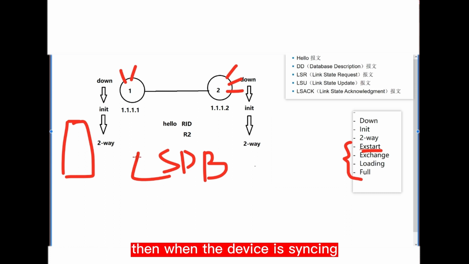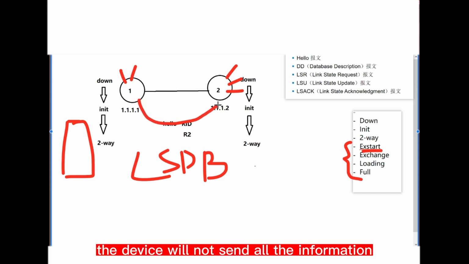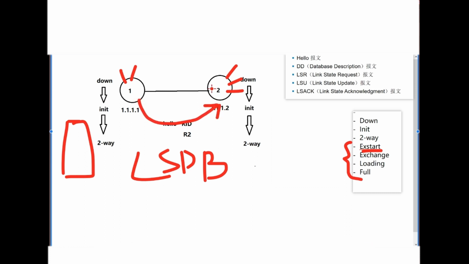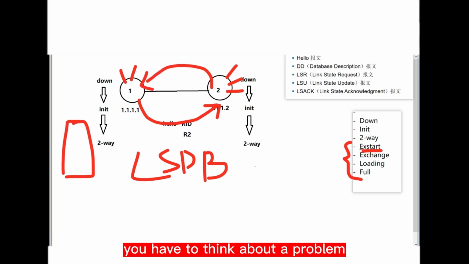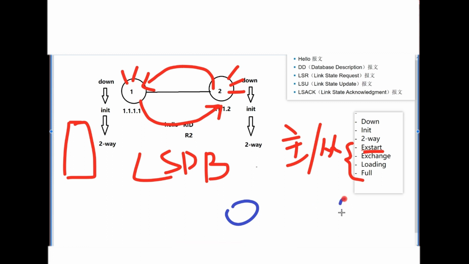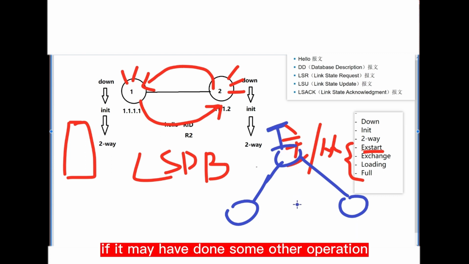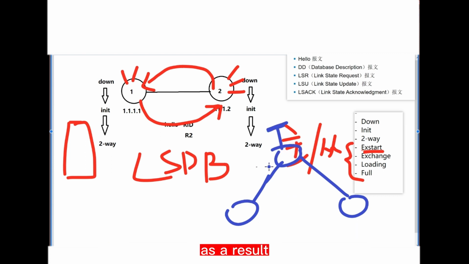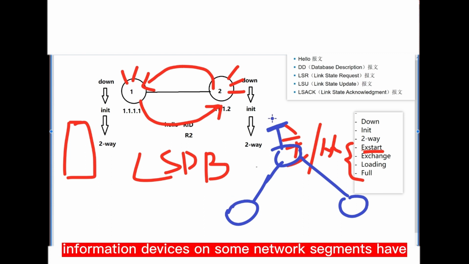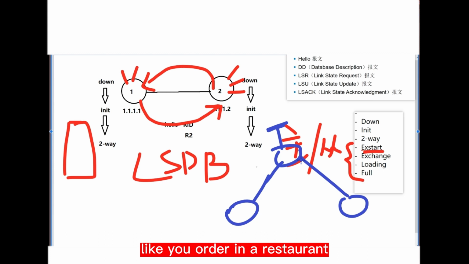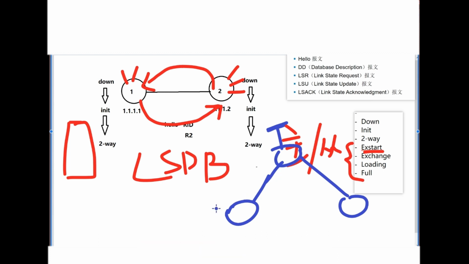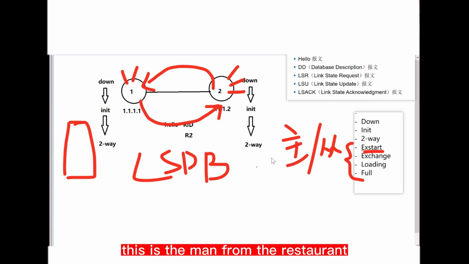When the device is syncing, it will not send all the information to the other party at one time. You have to think about a problem. Let's say this is R1 and this is R2, with a network segment here. It may have done some other operation, so some network segments' information the device already has. Like ordering in a restaurant: this is you, and this is the man from the restaurant.